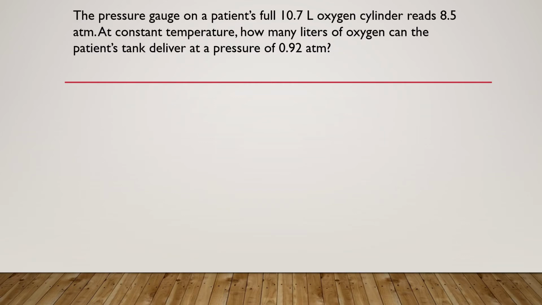The pressure gauge on a patient's full 10.7 liter oxygen cylinder reads 8.5 atmosphere.